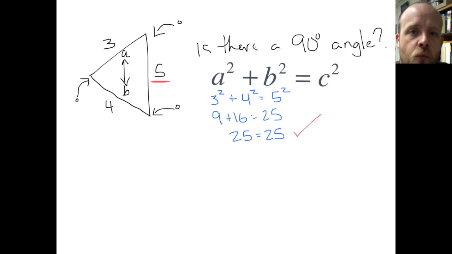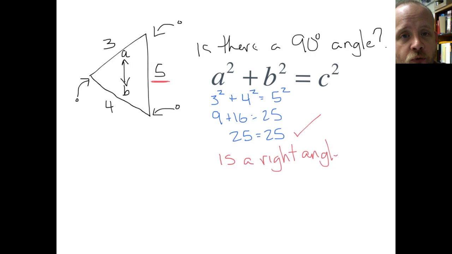Because it's true, what it means is that there is, in fact, a 90-degree angle. Okay, that's the beauty. If this equation works out according to a triangle, there has to be a right angle. Where is it? Well, we know that c has to be the longest side, and it's also opposite the right angle. That means since our longest side is 5, the opposite angle is our right angle.